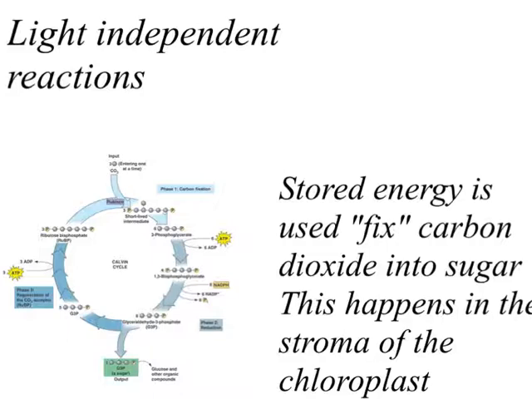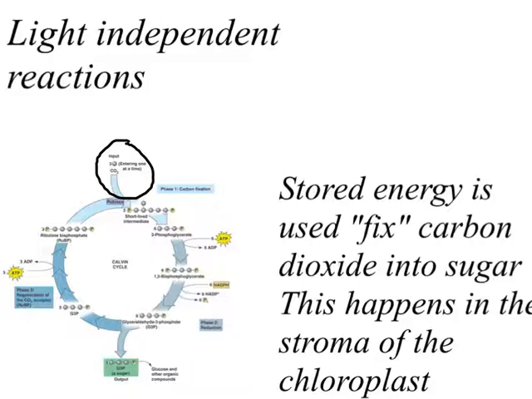But the basic process of the light-independent reactions is called carbon fixation. And carbon fixation means that the CO2s that come in to the Calvin cycle are pasted together one by one in a very complicated series of steps that you don't really need to understand.